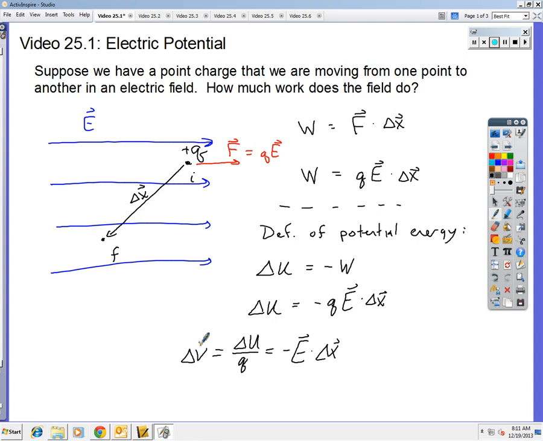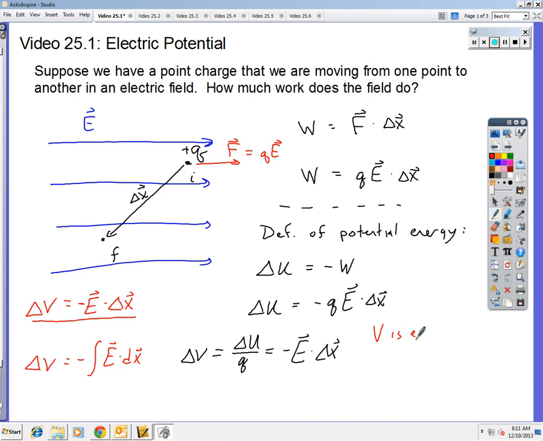So this is something you should memorize. There are two equations here. One is for a constant electric field, and the other one is for an electric field that is not uniform, so it's the integral form of it.